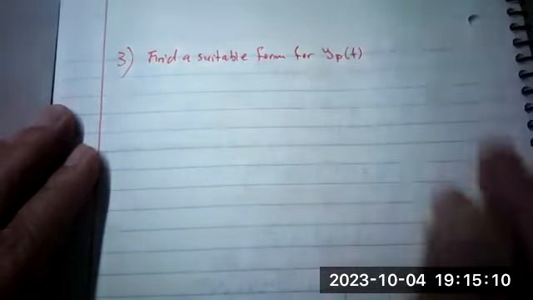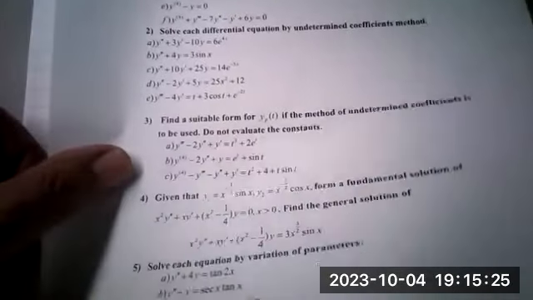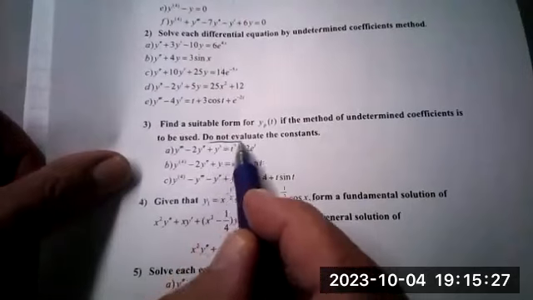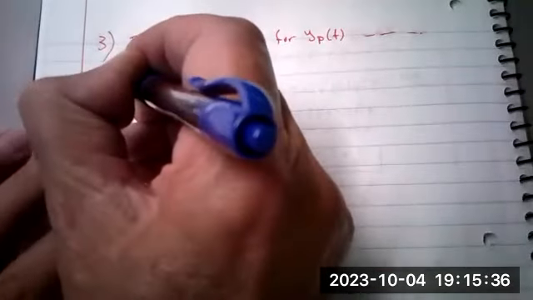Of course, you know, if the method of undetermined coefficients is used, you know what we are talking about. So we emphasize: do not evaluate the constants. On the test, you will see the same thing. Do not evaluate the constants, just identify the form. Okay, this is it. So let's check all of them quickly.